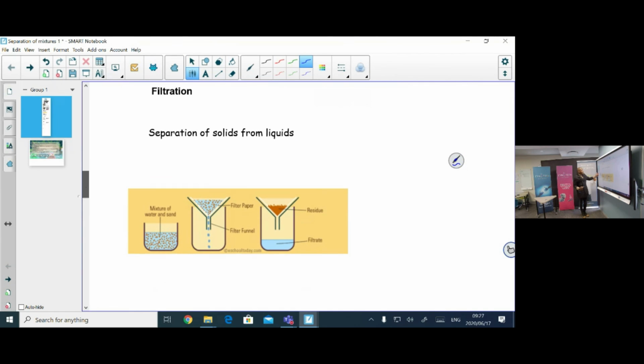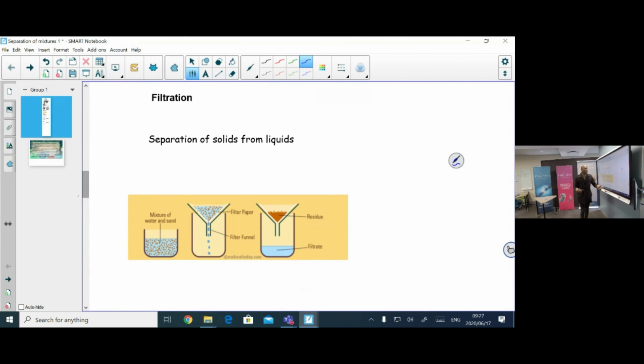Let's look at another process by which we can separate the mixture. So we have now seen two methods in which we can separate solids: by virtue of their size in sieving, and by virtue of their size or color or shape by hand sorting.